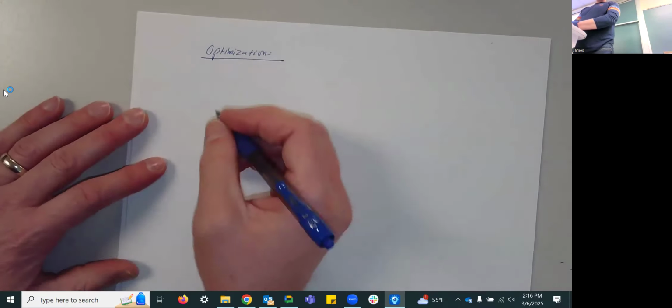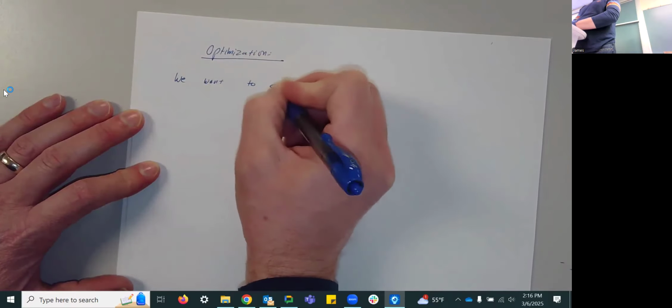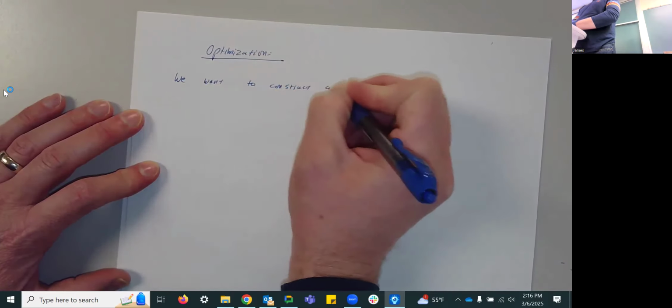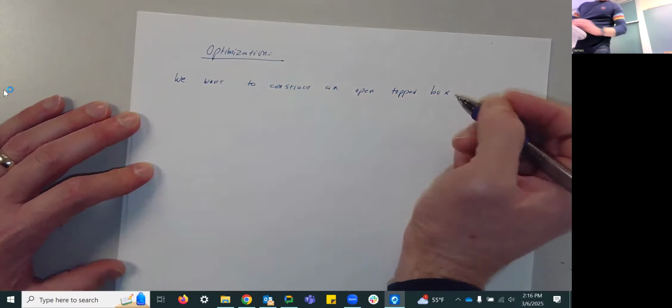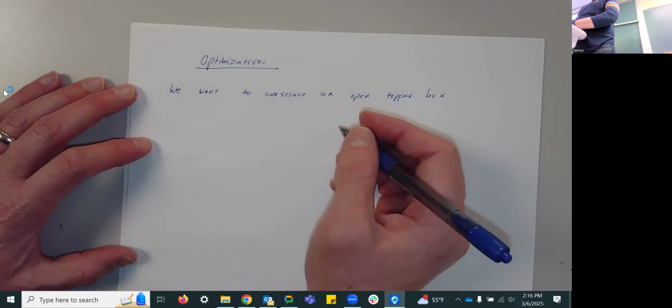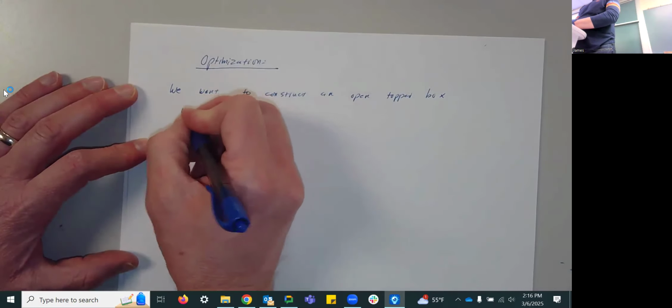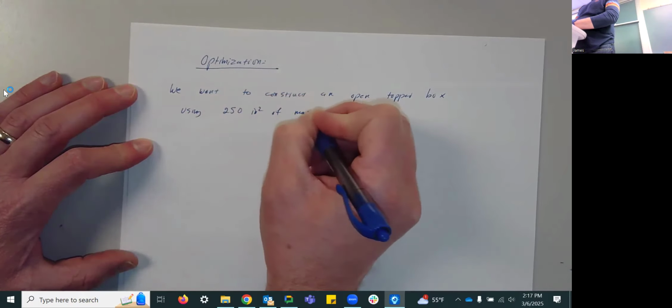Let's look at the following situation. We want to construct an open top box using 250 square inches of material.